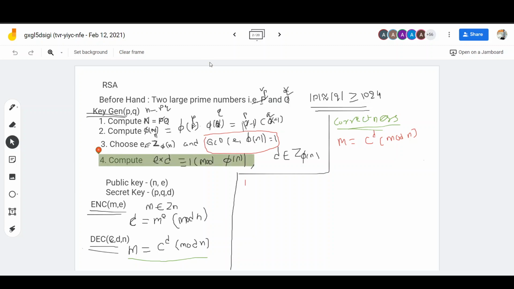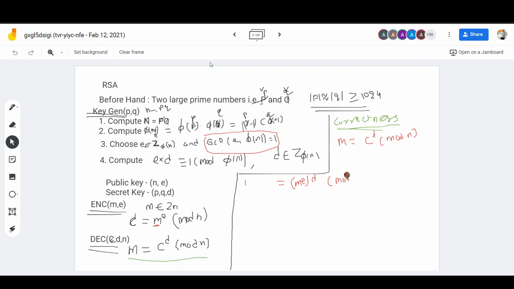First, m is equal to c to the power d. But what is c? See how we generated it: m to the power e. So you write here m to the power e, whole to the power d, of mod.